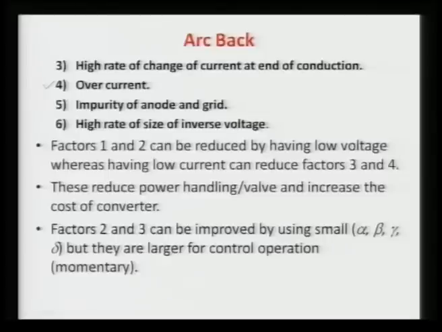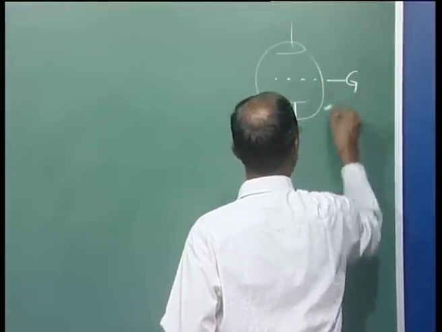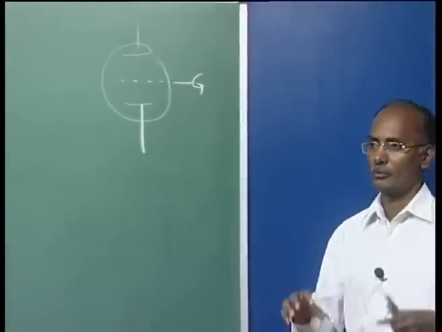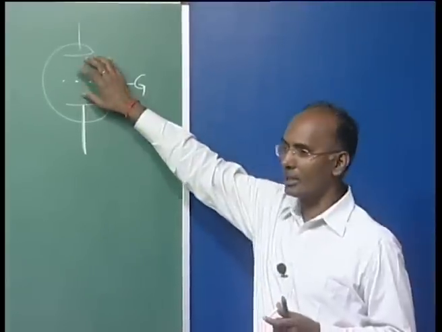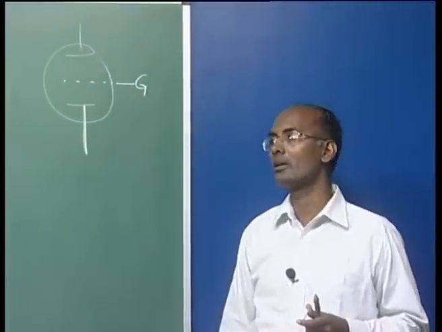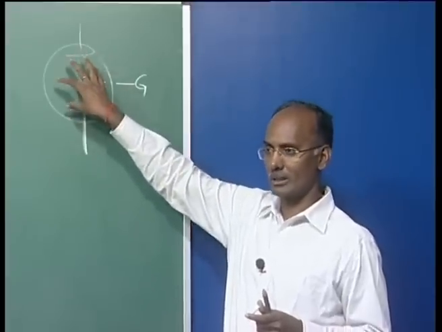Another cause was the impurity of the anode and grid. You know the Mercury arc valves: this is your cathode, this is your anode, and there was a grid. If there is some impurity here, that may cause conduction, because this works on the ionization of the gas inside the valve.